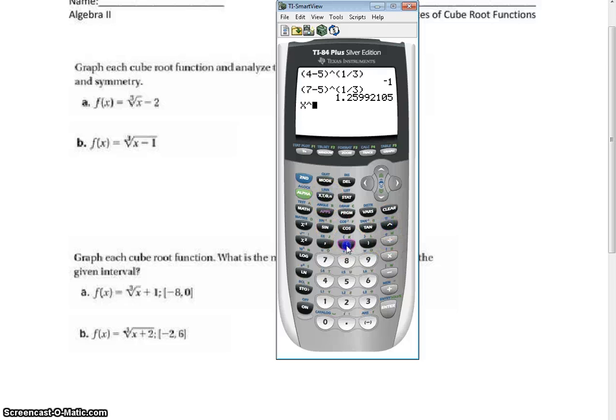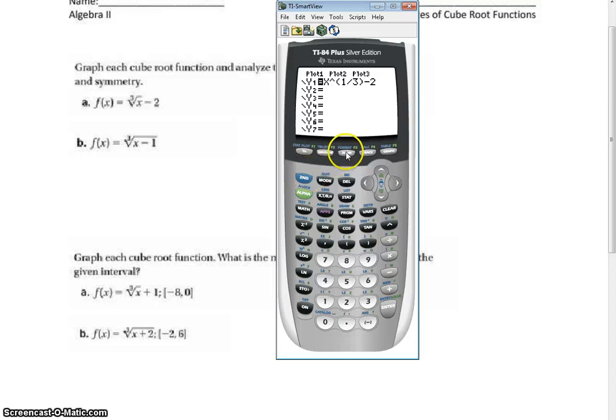X caret, open parentheses, 1 divided by 3, close parentheses, minus 2. You could get cubed root in your calculator, but you have to go through one of the menus, and it's just as fast to do this. Except I should have been at y equal. So x caret open 1 divided by 3, so that's your x, that's the cubed root of x, and then you're outside of that, so minus 2.